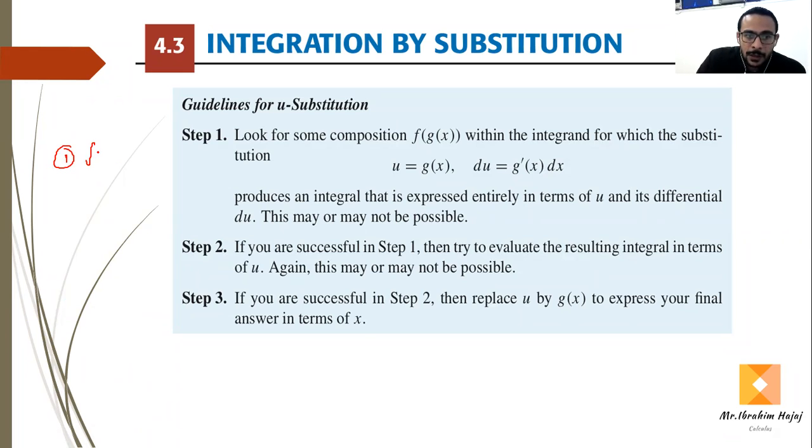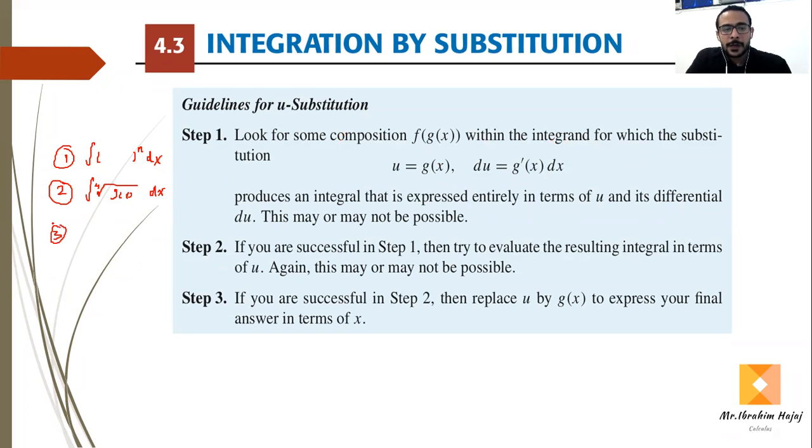When you have the integral of a function raised to a power of n. When we have a question asking you to find the integral of a radical, the fourth radical, the second radical, the fifth radical of a function, which is called the composition.